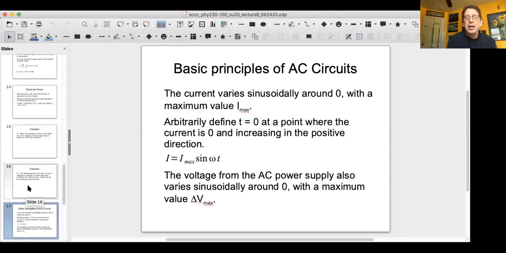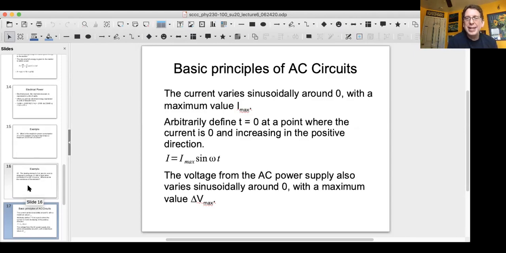So in an AC circuit, the current varies sinusoidally around 0, which means half the time it's positive, going in one direction, half the time it's negative, or going in the opposite direction. So you can write I is equal to I max times the sine of omega t. And omega is the angular frequency in radians per second.